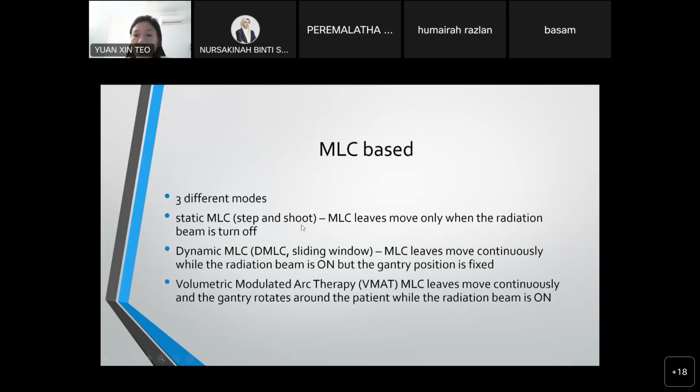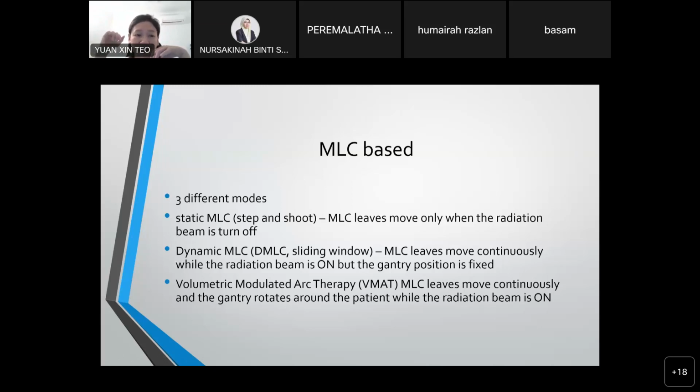In this one, the MLC leaves move only when the radiation beam is turned off. When the gantry moves, the MLC will move according to the plan, but while they are moving, the radiation is off. When they are ready in shape, then the radiation will be turned on.